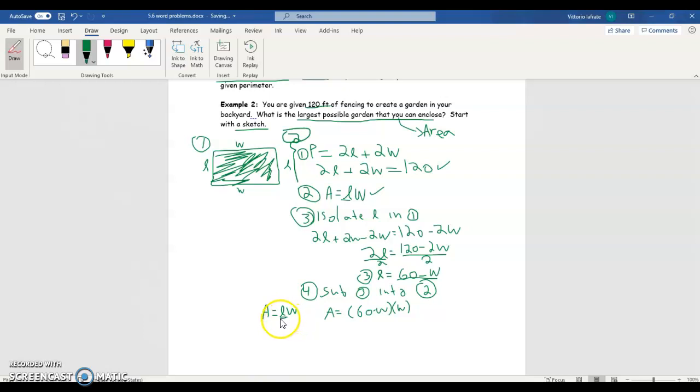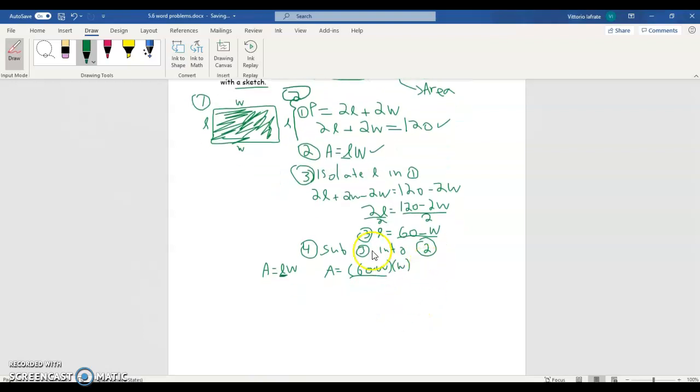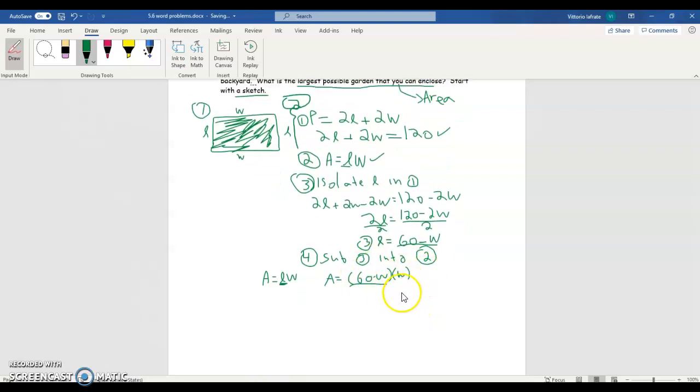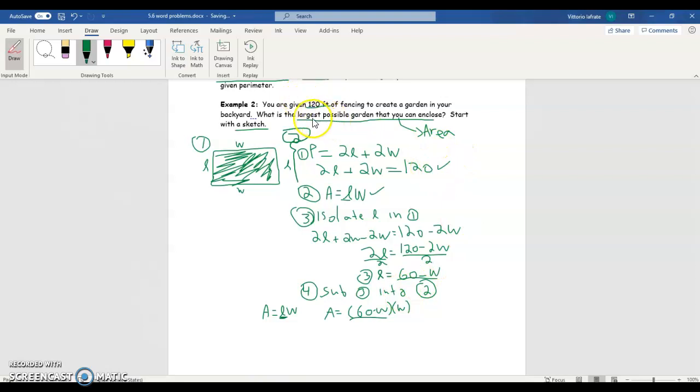I just substituted the L I found in step 3. The reason is that now I only have one variable. This is a quadratic equation in its factored form. You could expand it if you wanted to, but I don't think I need to in this case. Let's see what we need to find: the largest possible garden that you can enclose.